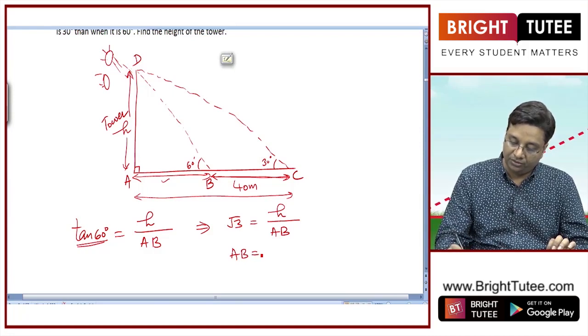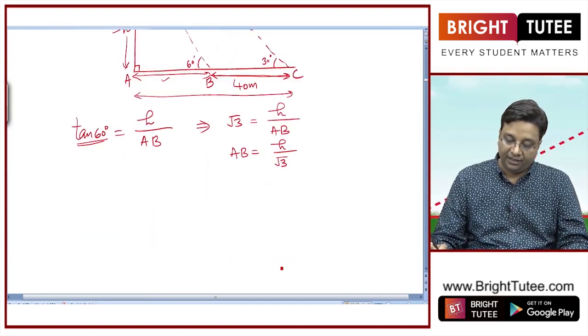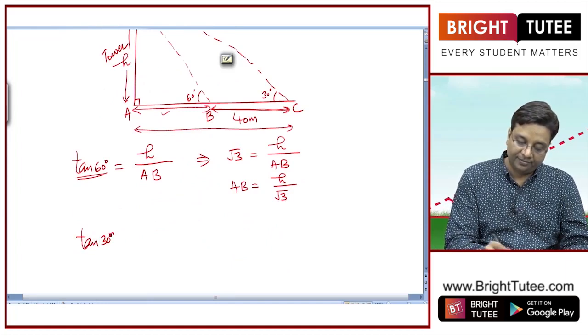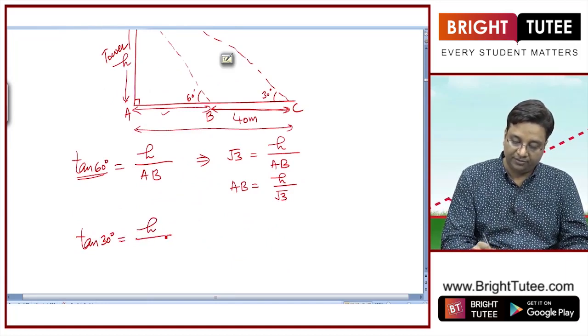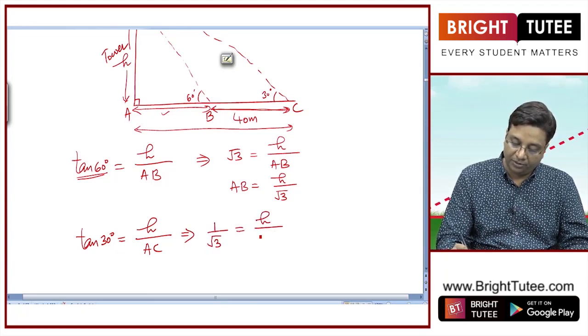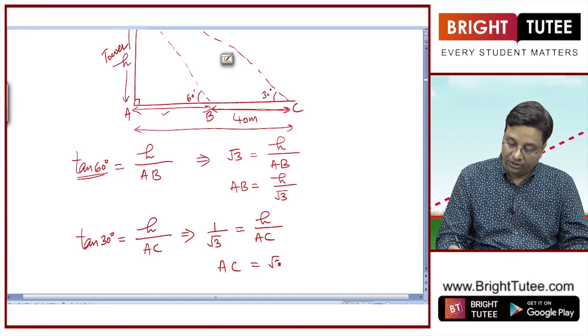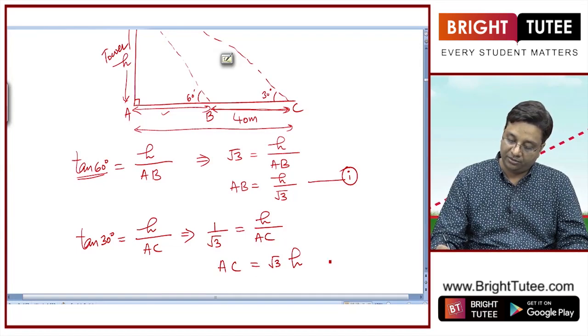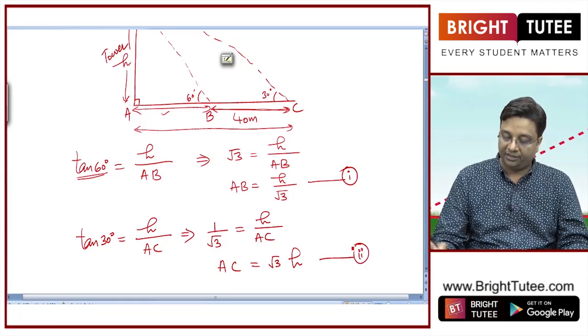AB is equal to h upon root 3, right? And in triangle ACD, if I apply tan 30, I will get opposite by adjacent. Adjacent is AC here. Okay, so what is tan 30? Tan 30 is 1 by root 3. So it is equal to h upon AC. So AC is equal to root 3 h, right? You know the length of AB now, length of AC in terms of h.